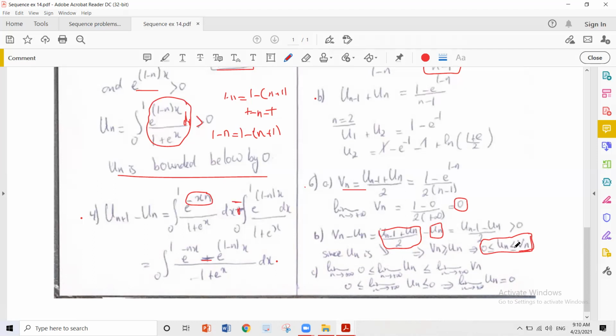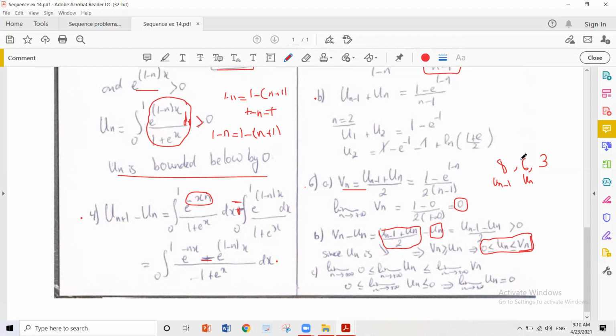If un is decreasing, un minus 1 is greater, so the difference is positive. How is un decreasing? For example, 8, then 6, then 3. How do we know this is positive? un minus 1 minus un should be positive: 8 minus 6 is positive. Yes, Thomas.